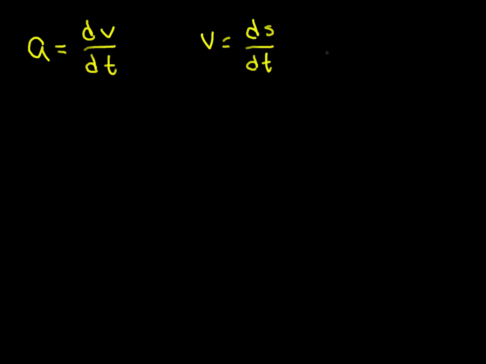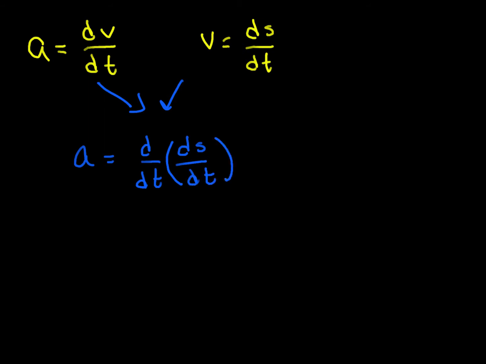So combining these two ideas, acceleration is the derivative with respect to t of velocity, which is the derivative of position with respect to t, which is the second derivative of position with respect to t squared. So right off the bat, if we've got a position function, then acceleration is simply the second derivative of that position function.